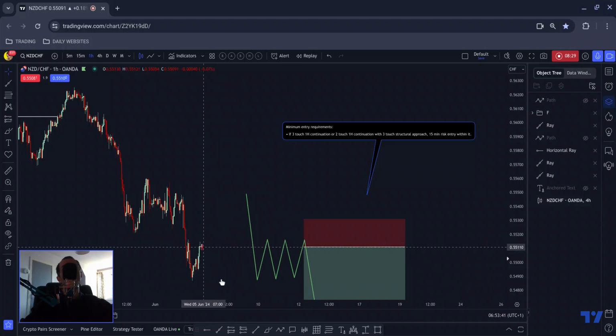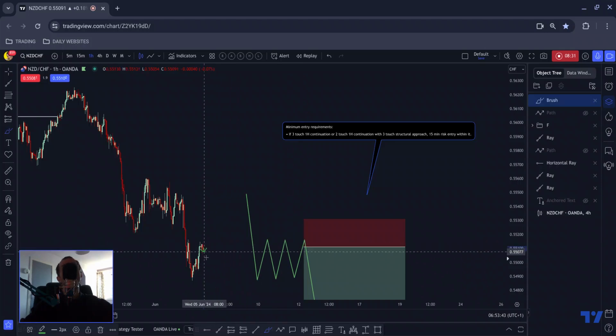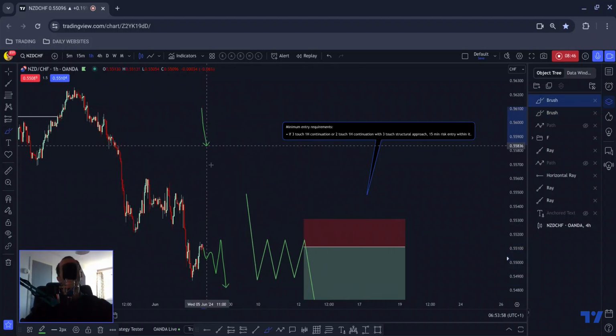We do seem to be, this is the sort of area where I would anticipate maybe a bit of a FOMO channel. Then we come up, and then we have those three channels. Okay, so that's what I'm going to be looking for: a 3-touch 1 hour continuation, or a 2-touch 1 hour continuation with a 3-touch structural approach.